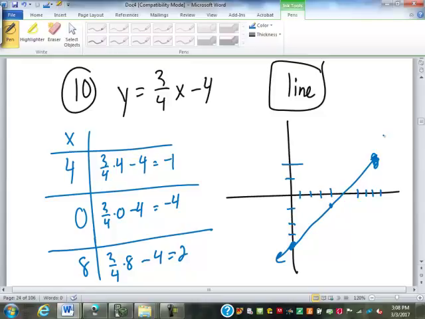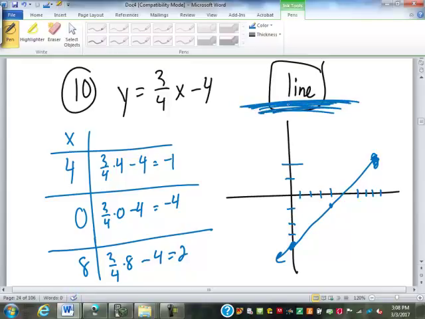But knowing the shape of the graph saves a lot of time in graphing it. In fact, for lines and parabolas, once we know that's its shape, there are some really extreme shortcuts we can take. And what we're going to focus on this class, we're not really going to get into the parabolas, but we're going to focus on lines and the shortcuts we can take to make it really quick to graph a line.